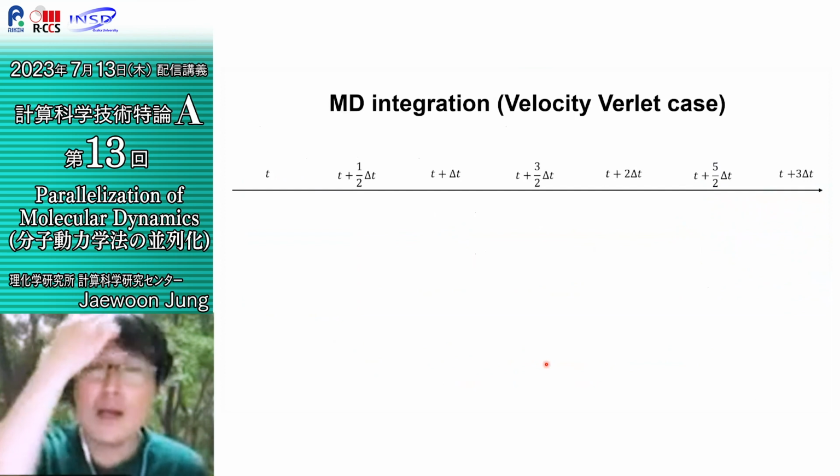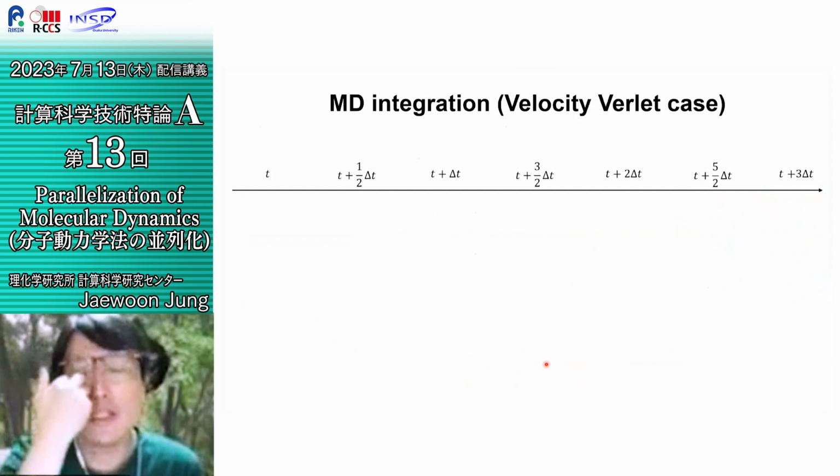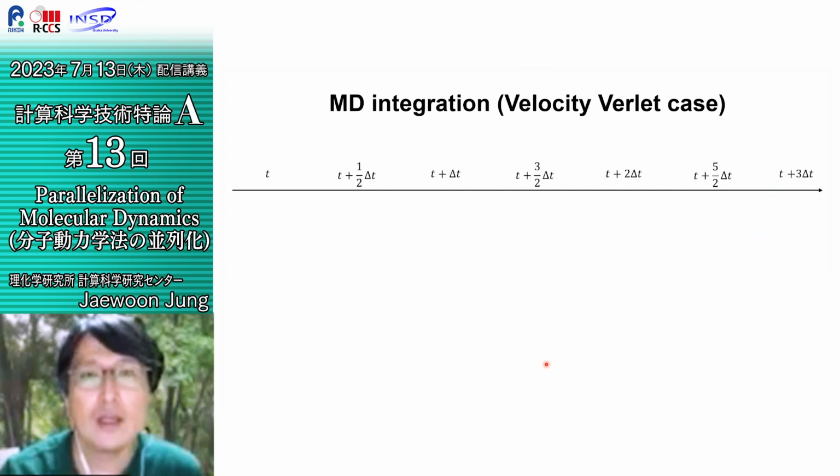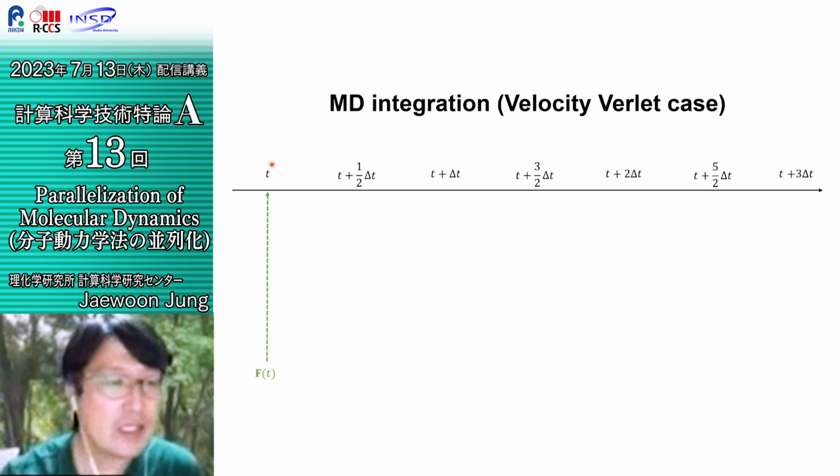So here I show one example of MD integration. There are several different kinds of MD integration, but Velocity Verlet is one of the very well known and very famous integrations. So let's consider at time t. At this time, we have a coordinate at time t, and from the coordinate, we evaluate the force.